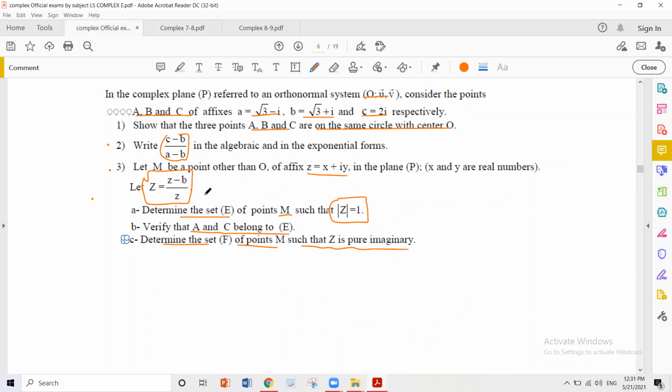So I have two methods. First method, I put instead of z equal x plus iy here, then I take the real part equal to 0.